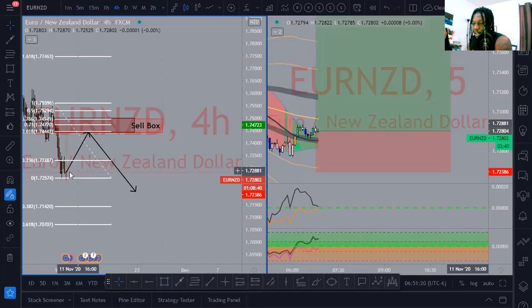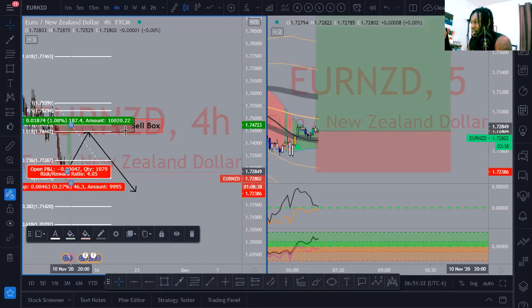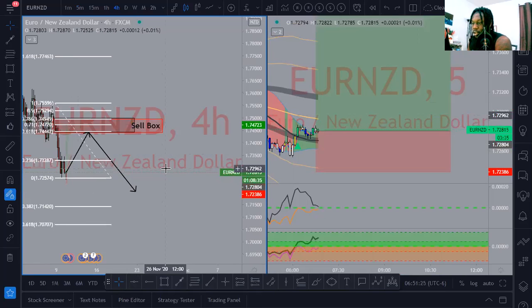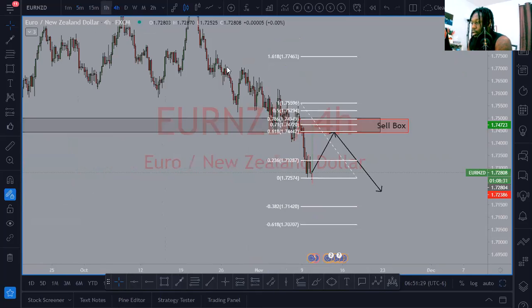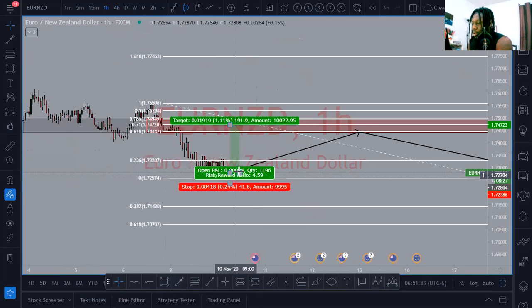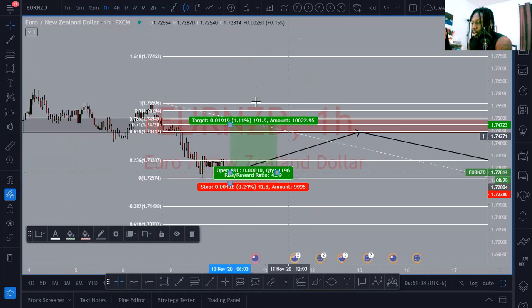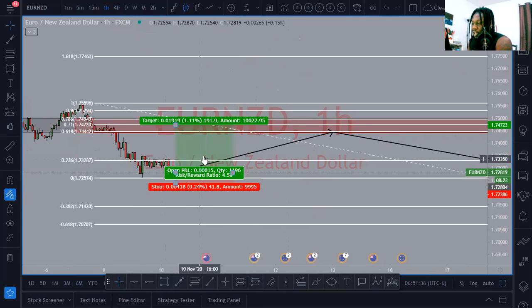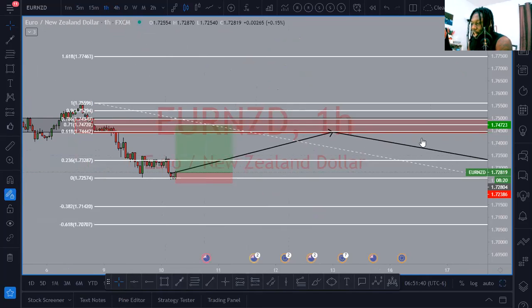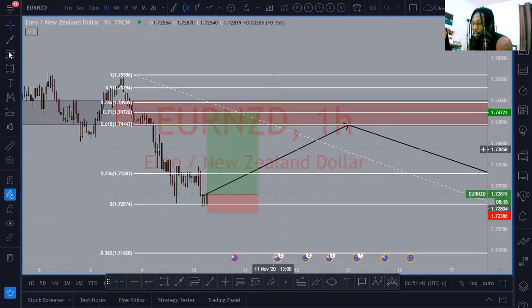Look on the 4 hour, it looks like it's non-existent basically. 1 hour, I'm giving a lot of plays today. There we go. Risking 40 pips to get 191 pips, basically a 1 to 5. I like the odds because when price comes back up here, look what I'm about to try to do to it.